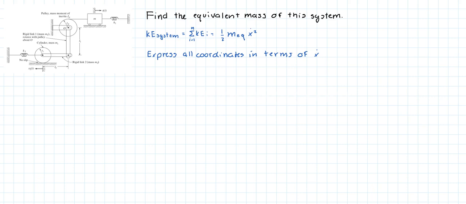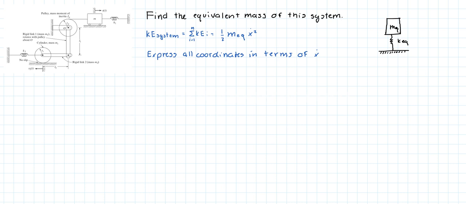Hey everyone, in this video we're going to find the equivalent mass of a system. In another video, we said that the reason why we might want to find an equivalent system is so that we can calculate different properties of the system without having to deal with the entire complexity of it.